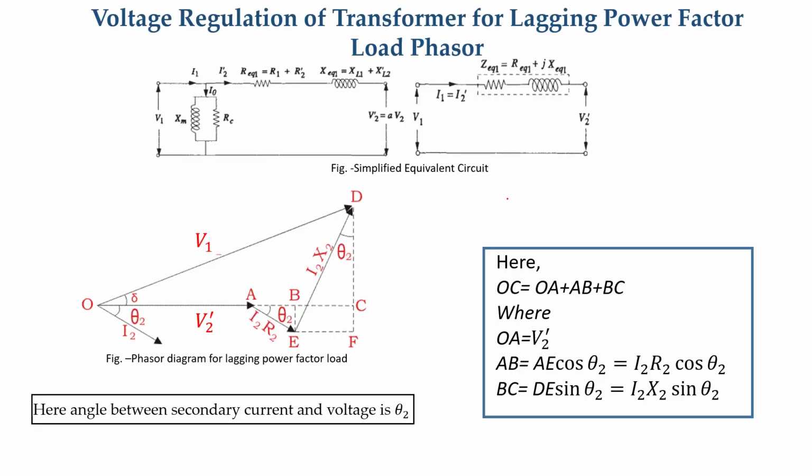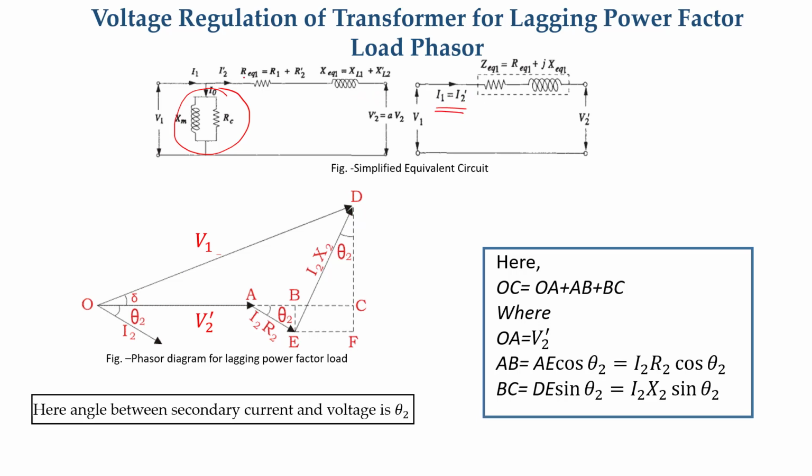And here the simplified equivalent diagrams of the transformer are given. These are two representations. Normally this shunt branch is neglected. If it is neglected, I1 is approximately equal to I2 dash.